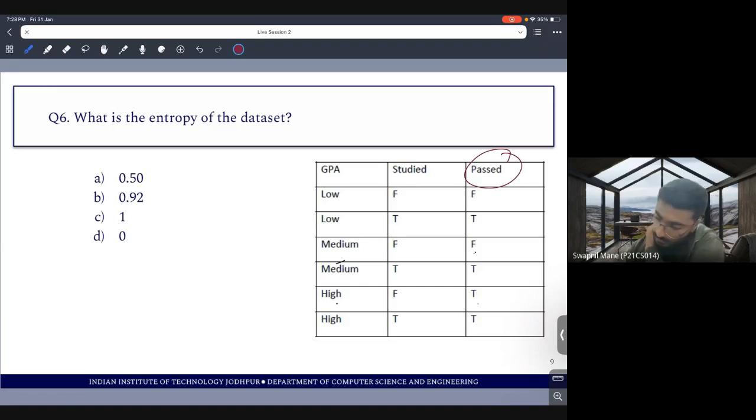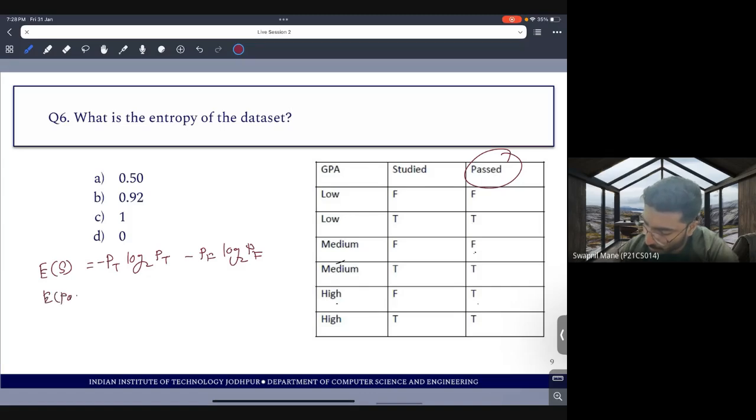So how are we calculating the entropy? We have already discussed it. The entropy of S is equal to minus probability of the true class, log to the base 2 of probability of the true class, minus probability of the false class, log to the base 2 of probability of the false class. Right? So here we are calculating entropy for the pass attribute.